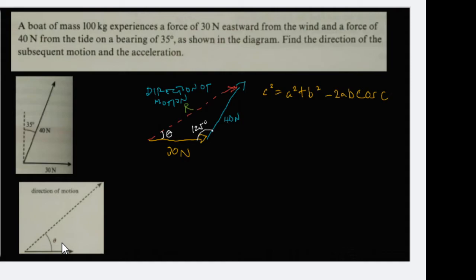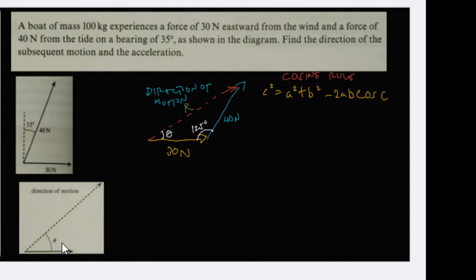So again, this is called your cosine rule. Okay, we've learned it on the previous lesson. So these are basic trigonometry rules, cosine rule and your sine rule as well. Okay, so let's get started. Let's solve for the r.